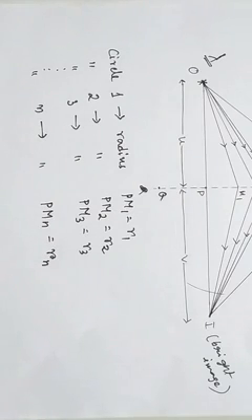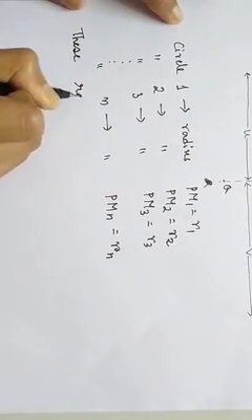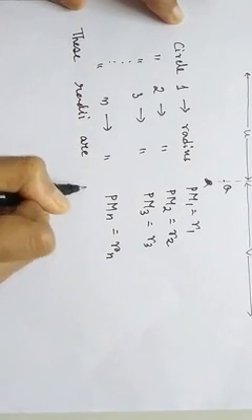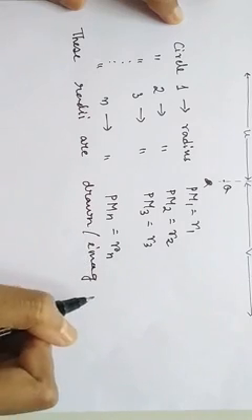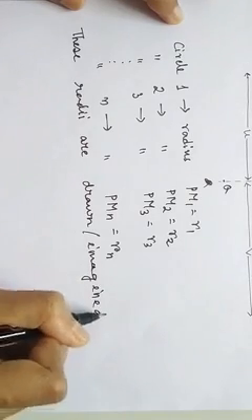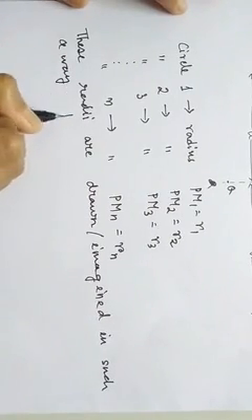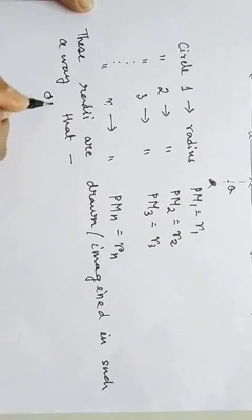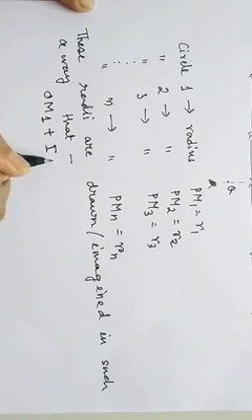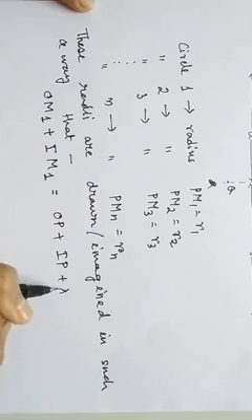Now these radii are drawn, or you can say imagined, because we are imagining a wavefront along RPQ, in such a way that they obey the following relation: OM1 plus IM1 equals OP plus IP plus lambda by 2.